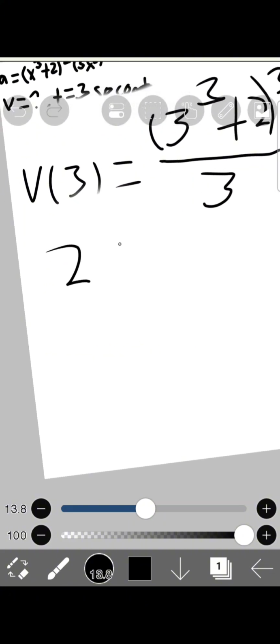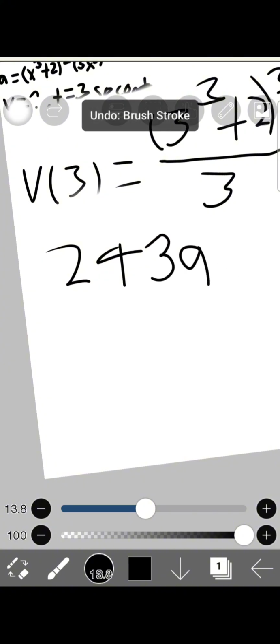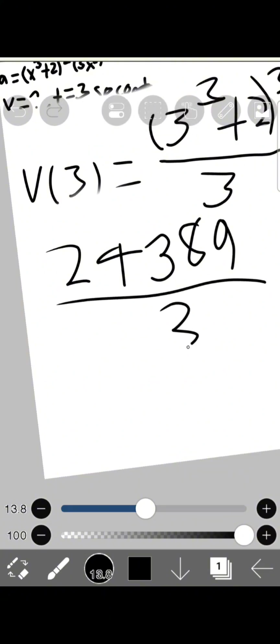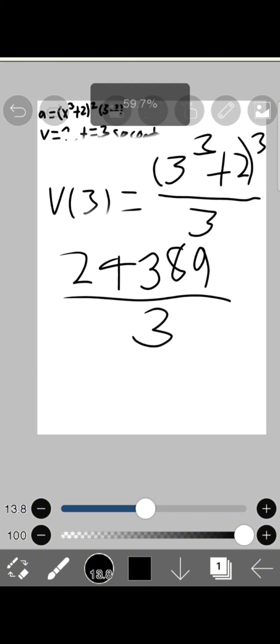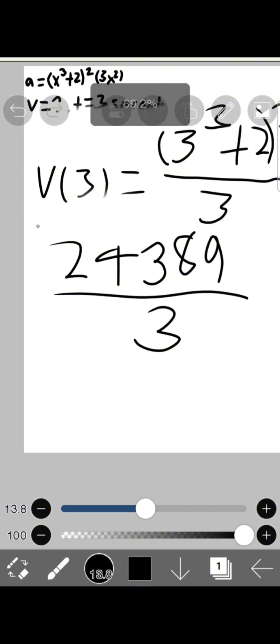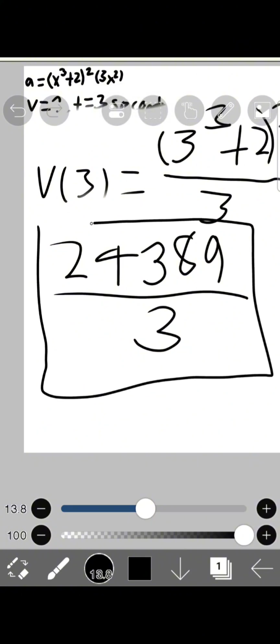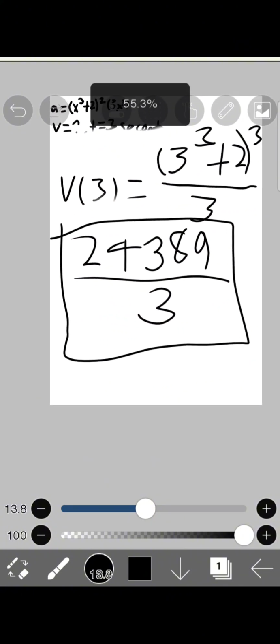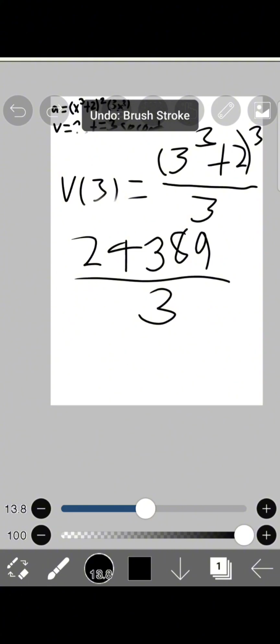So we have 24,389 all over 3. And according to here, this is our answer. Meters per second, by the way. The units for this is meters per second.